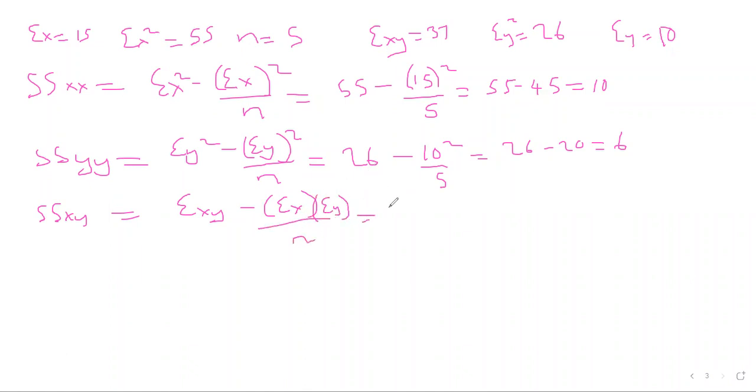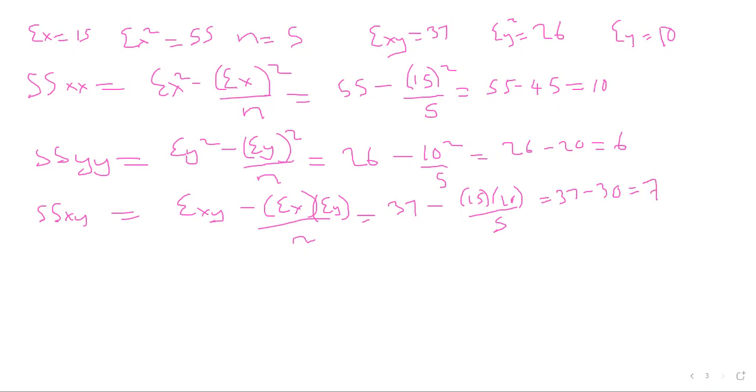So xy is 37, minus 15 times 10 over n, which is 5. 5 into 15 is 3, and 3 times 10 is 30. So 37 minus 30, we get 7. So these are preliminary calculations that you need to know.